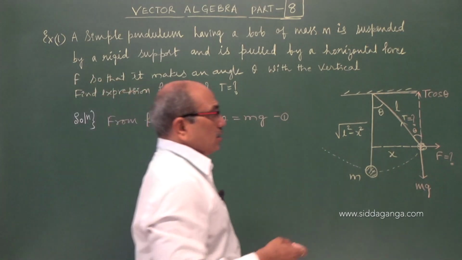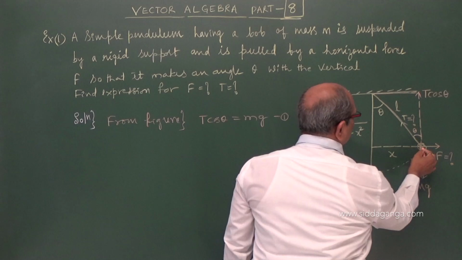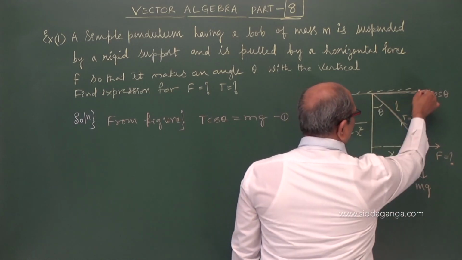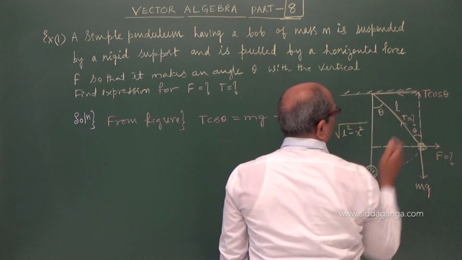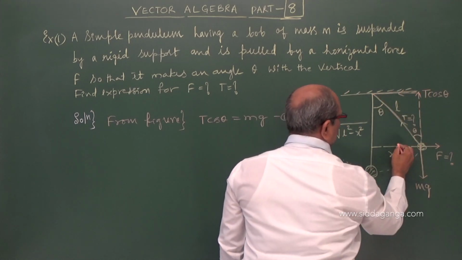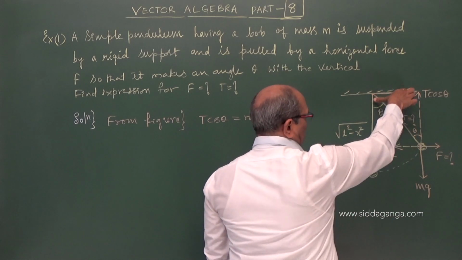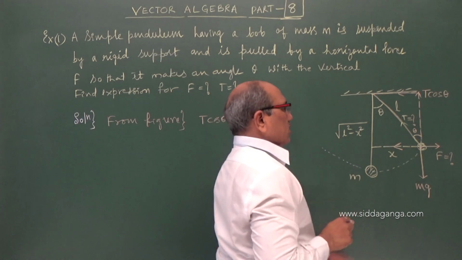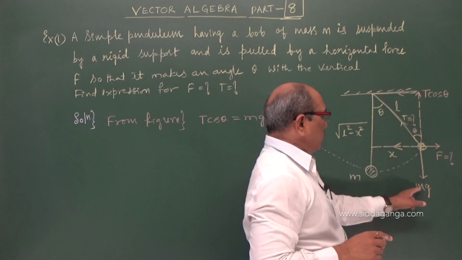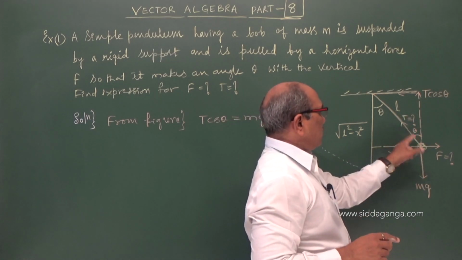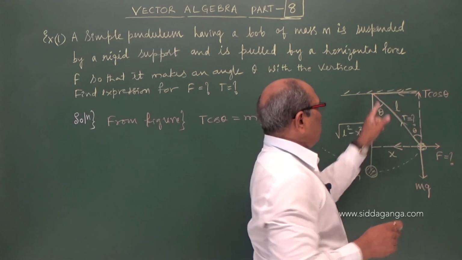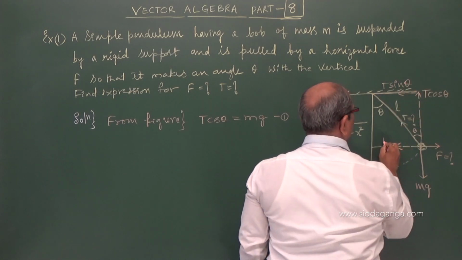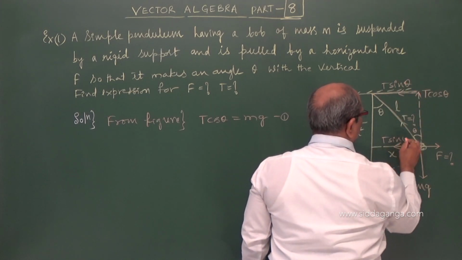And similarly, what is this? The tension is in this direction, mg plus this. Now this vector I can translate downward and write here what this refers to. If it is T cos theta here, the other component must be T sin theta.